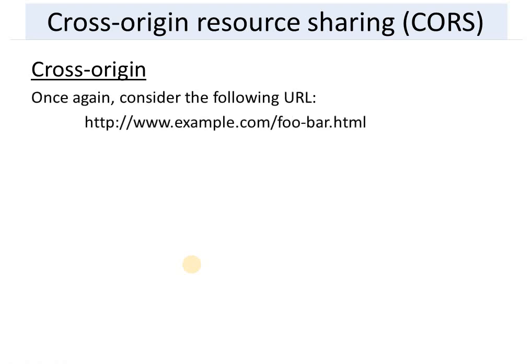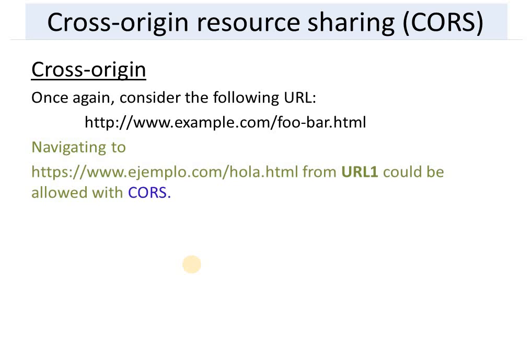Now let's see cross origin. Once again, consider this URL, http www.example.com and the resource name, your web document. Now it can navigate to this website, HTTPS, where the domain name is also different, but it is possible to navigate from here to here with the use of CORS, cross-origin resource sharing.